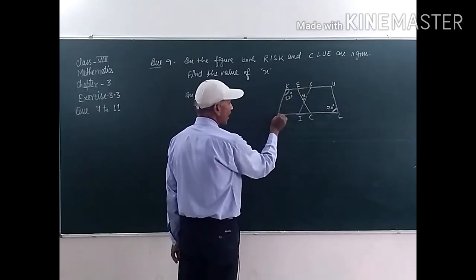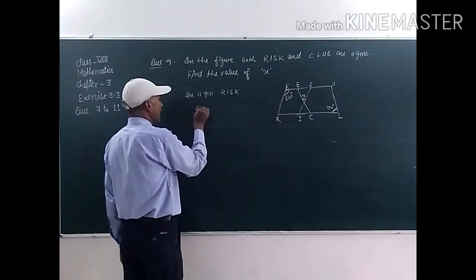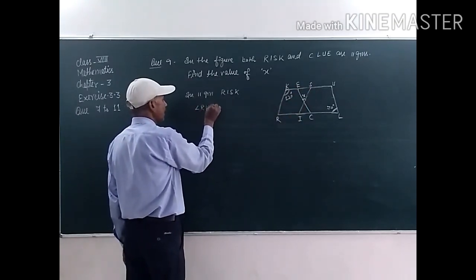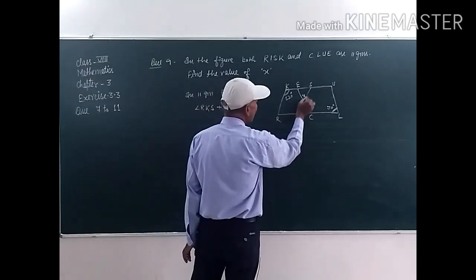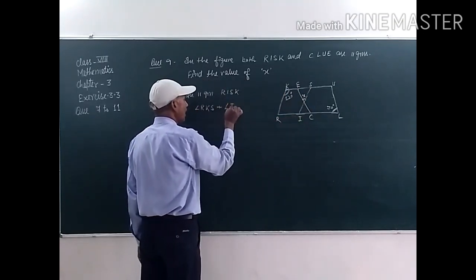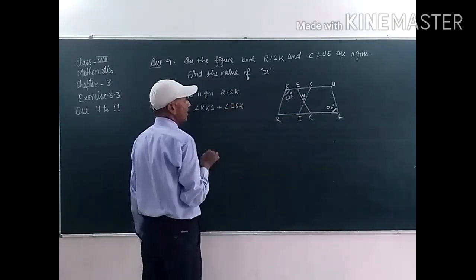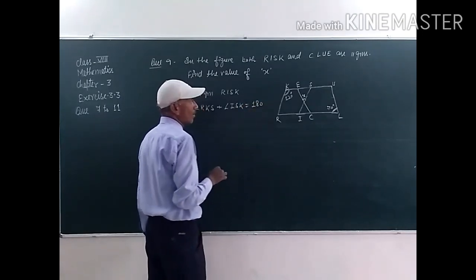In this, angle RKS plus angle ISK is equal to 180 degree.